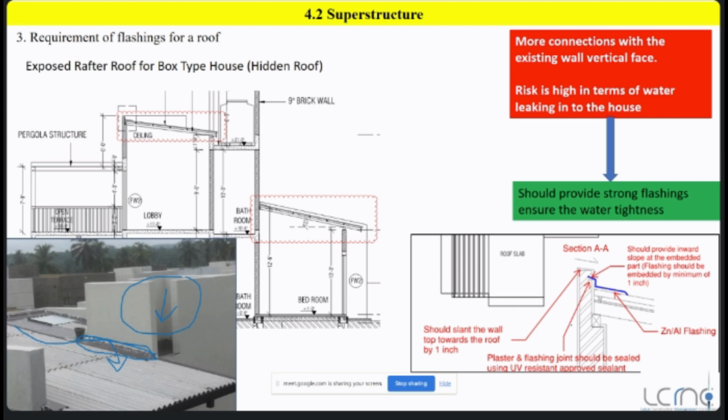If you do it like that, your structure will be safeguarded for more than 10 years. Otherwise, after 5 or 6 years, there will definitely be algae growth. So that is the importance of the flashing.